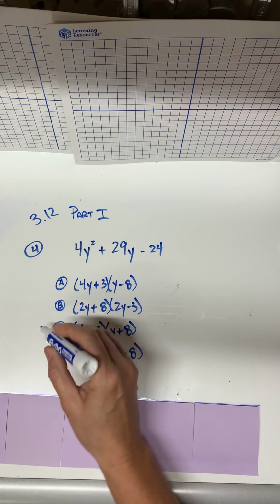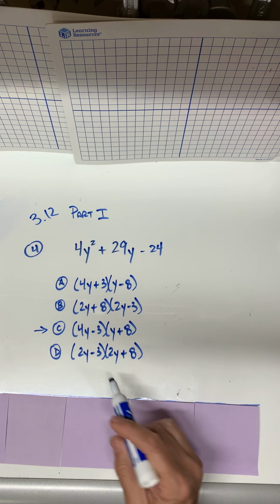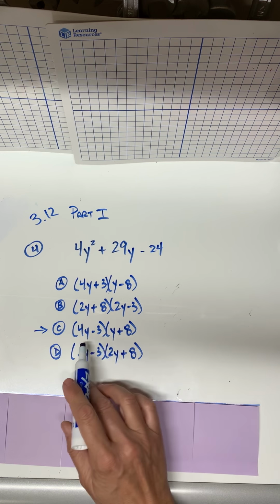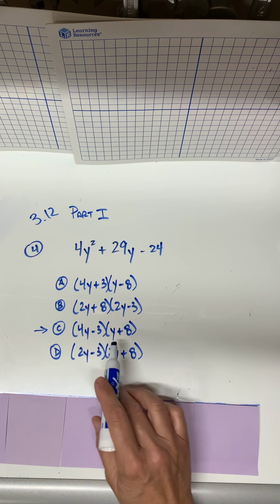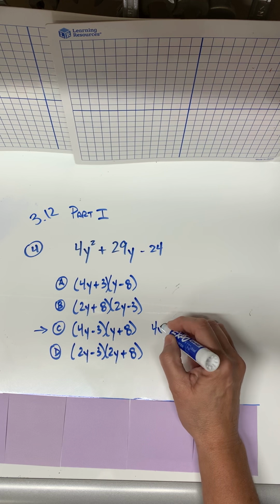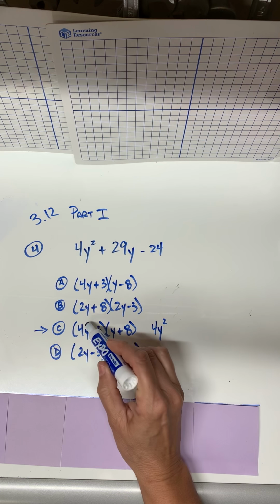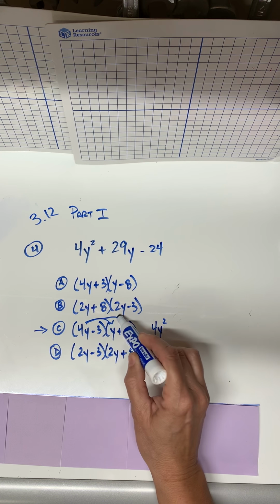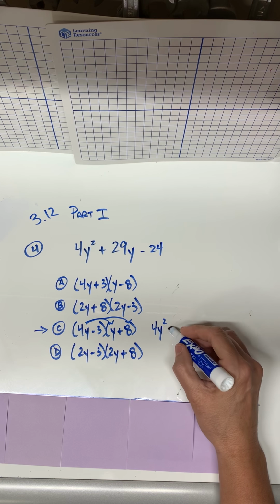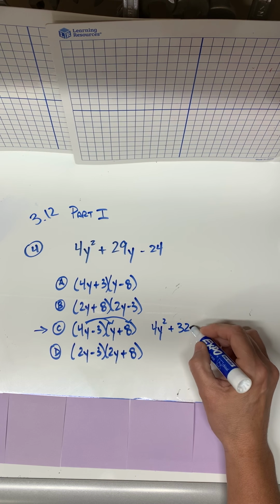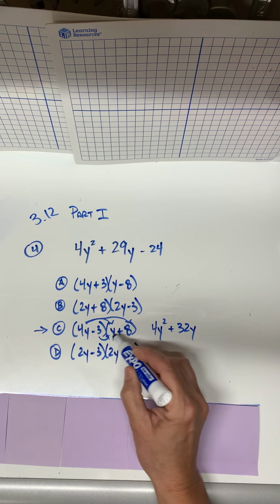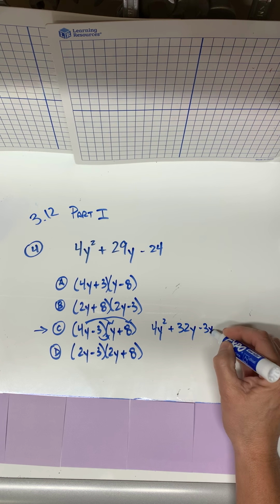It turns out that C is the correct answer, and I'll show you why. 4y times y is 4y squared, so I'm doing the FOIL method. 4y times 8 is plus 32y. Negative 3y times y is minus 3y.